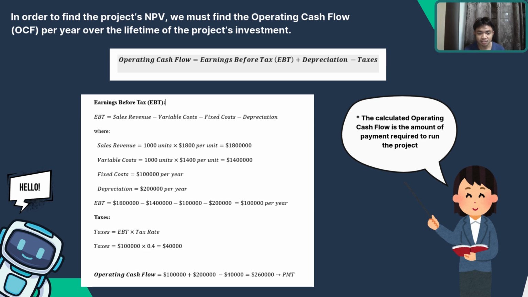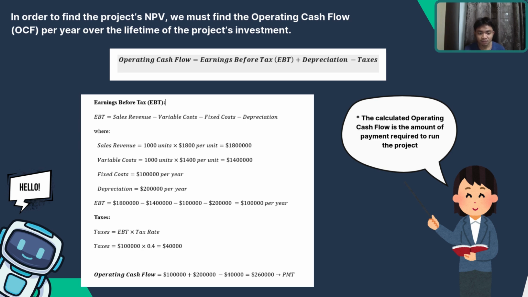The fixed cost is 100,000 per year. The depreciation is 200,000 per year. So we compute the information into the formula: EBT equals 180,000 minus 140,000 minus 100,000 minus 200,000, which is equal to 100,000 per year for the EBT.